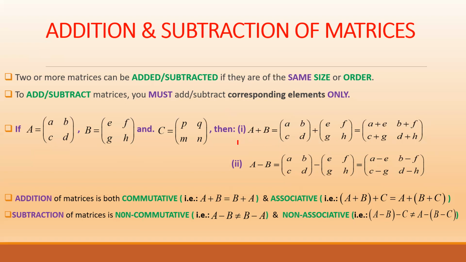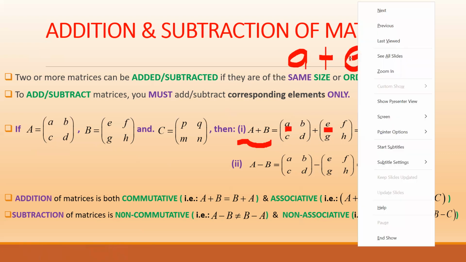So let's take back, for example, example 1 here, which is A plus B. So we established that we are to add corresponding elements. So that means we would add element A with element E. So if you want to show that rough, guys, what you're actually doing is saying A, and the plus sign that is between the two matrices would come between there, and then you put your last element E, right? That is what you're doing.